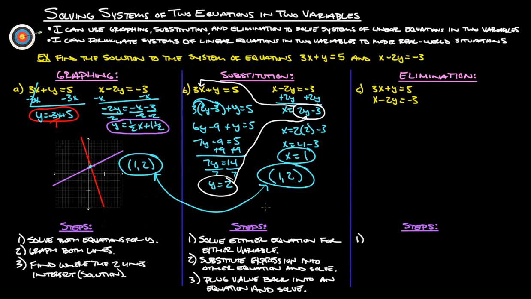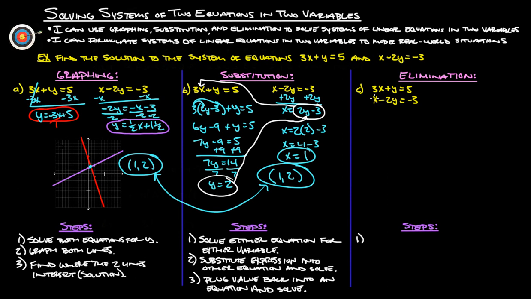Okay? And then the last one is elimination. So with elimination, the first thing we're going to do is multiply either one equation or both equations so that when you add these two lines together, either of the variables will drop out.